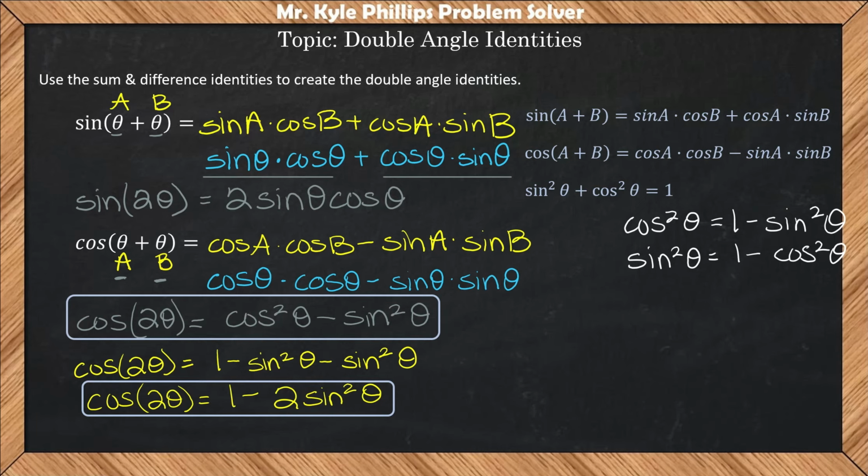Okay, now we'll substitute in a 1 minus cosine squared for this sine squared. So if I came over here and I had cosine of 2 theta equals cosine squared theta minus, because this is a binomial and I am subtracting it, I'll make sure to put it in parentheses.